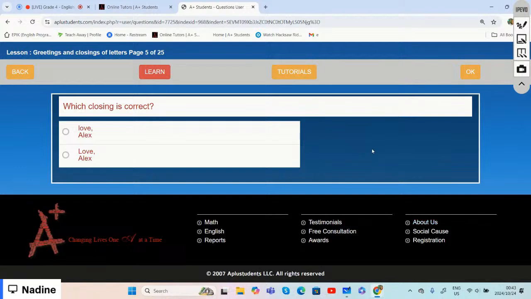So now we need to choose our closing of our letter, closing of our email, closing of our message. Which closing is correct? Is it option one, love Alex, or option two, Love Alex capitalized?